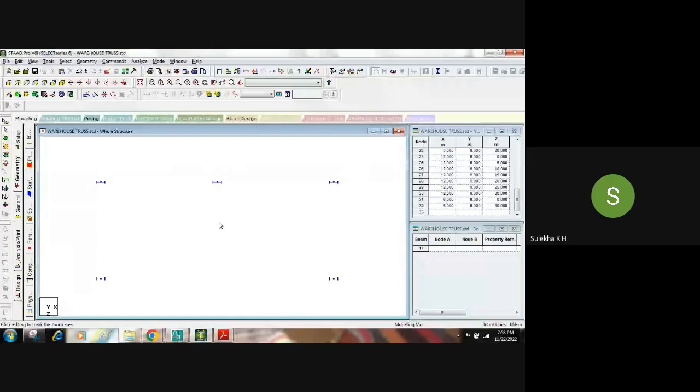Middle one should rotate. Middle one should rotate, and what about these two ends? Okay, why should we rotate the middle one?